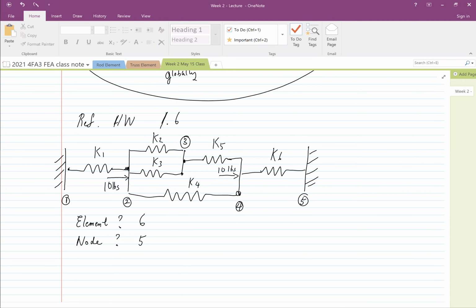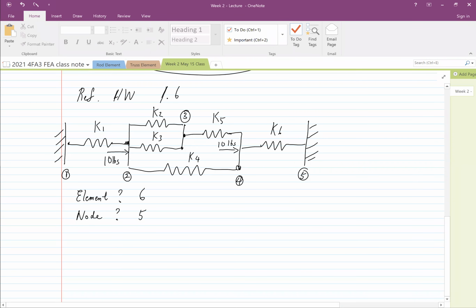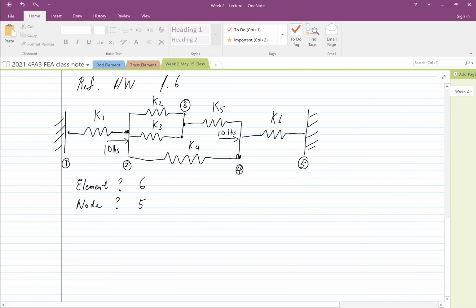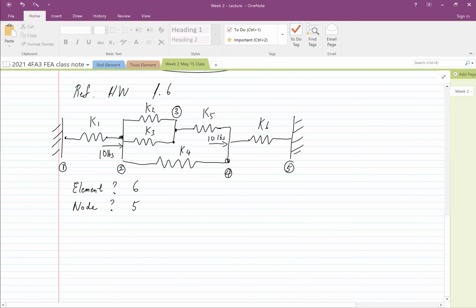Okay, the local matrix that looks after nodes 1 and 2. Let's see, right here. K1, K1, negative K1, and negative K1. Then I have a matrix that looks after nodes 2 and 3.